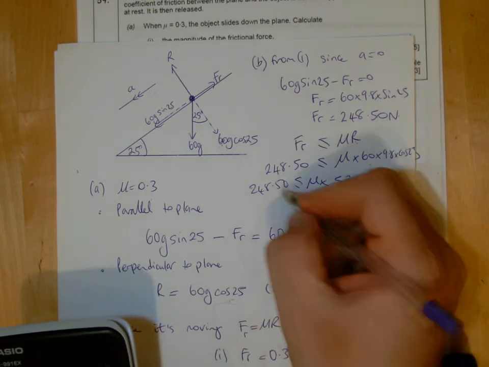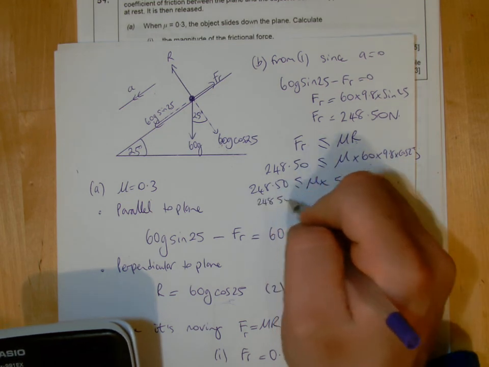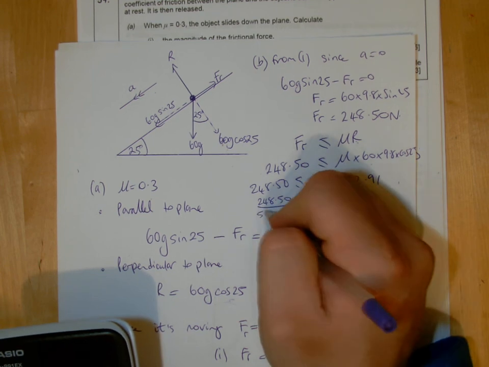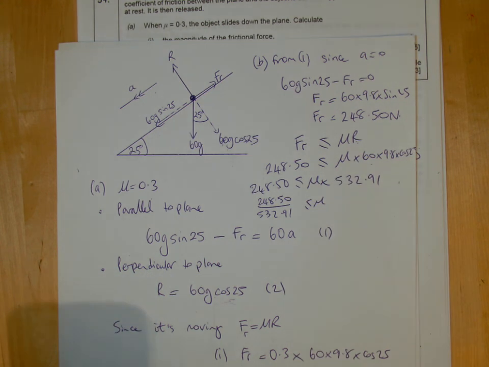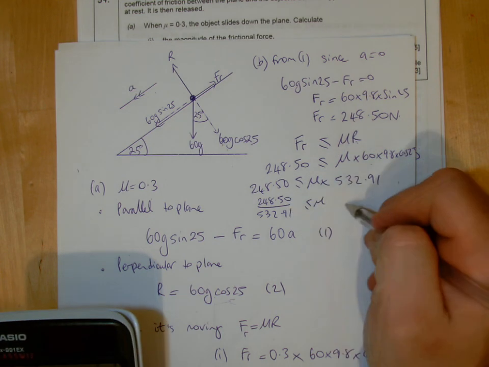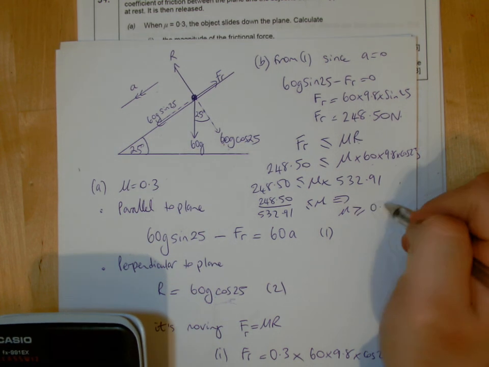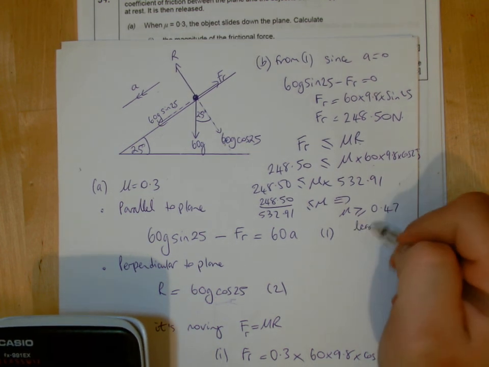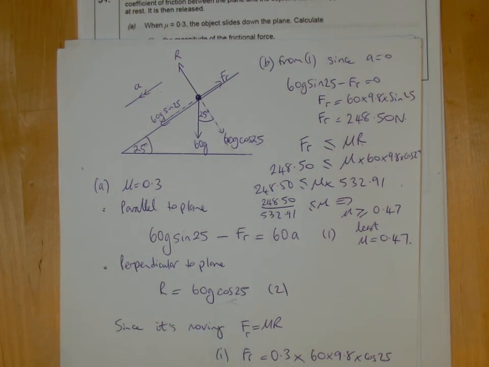If we take it over and divide, we'd have 248.50 divided by this. We get 0.47 to 2 decimal places. So mu is greater than or equal to 0.47. So the least mu is equal to 0.47. That's the least it can be.